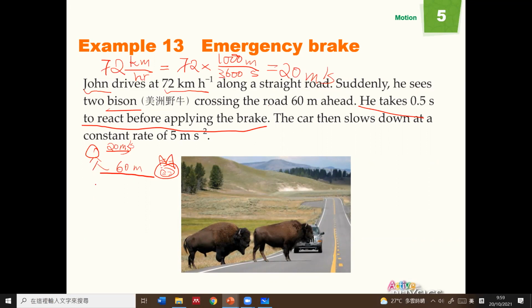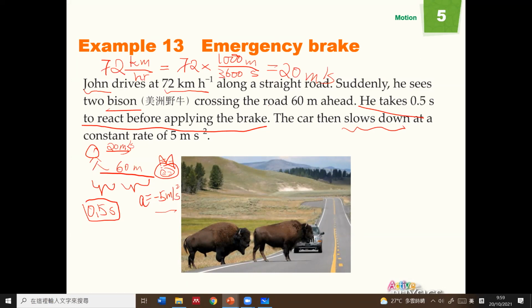So this guy takes 0.5 seconds to react, and then the car slows down at a constant rate of 5 meters per second squared. Since it's slowing down, the acceleration is negative.